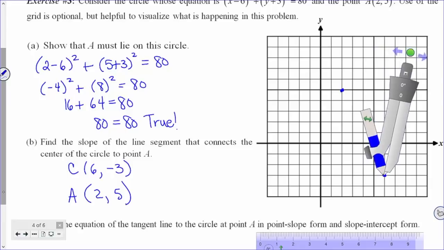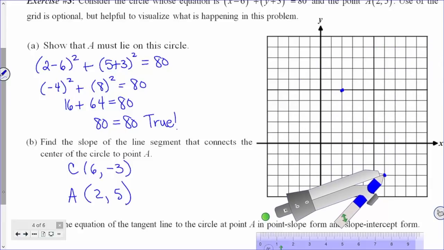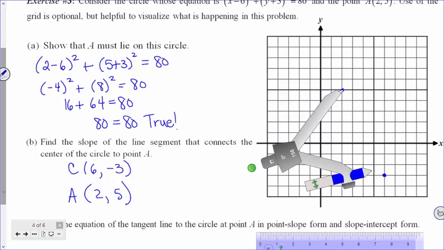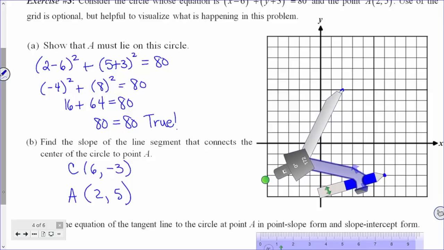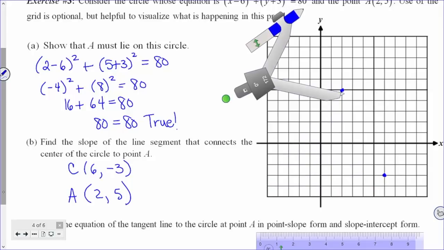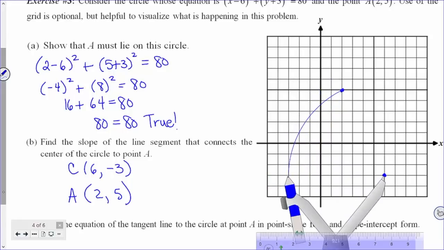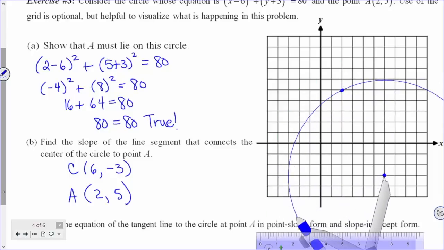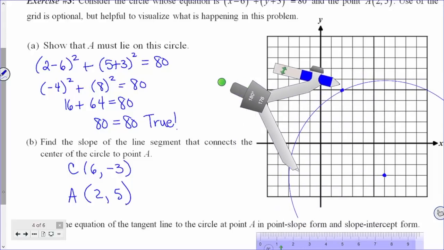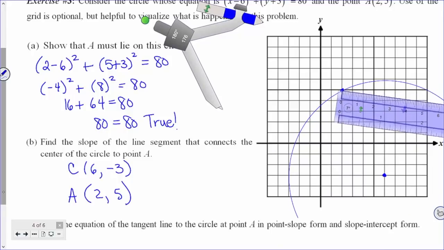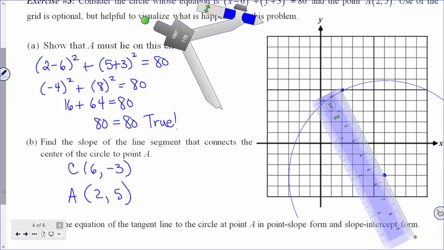I'm going to do something that's a little weird here, but I think you'll follow me. So my circle looks something like this. I can't see the whole thing because I don't have enough graph paper, but this will help. What I'm trying to do right now is I want the slope of this particular line.